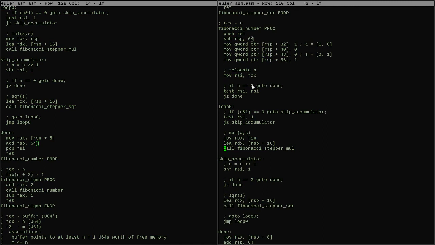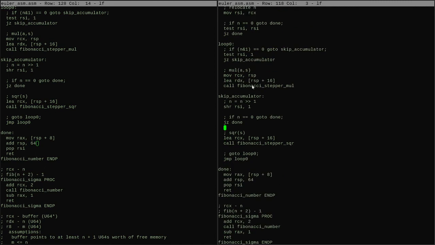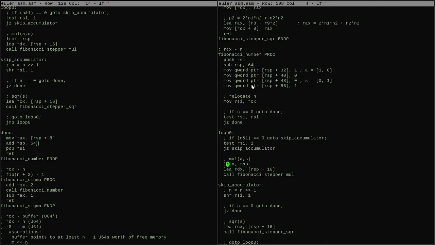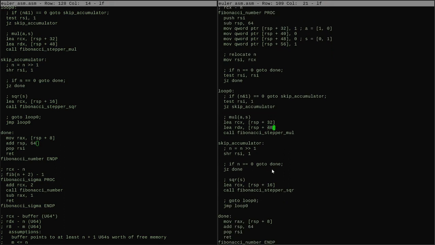Now this call has 32 bytes of shadow space. This call has 32 bytes of shadow space. So let me make sure that all the times that I'm using RSP to get to A and S, I'm doing it the right way. So instead of this, I need RSP plus 32. That puts A there and 48.